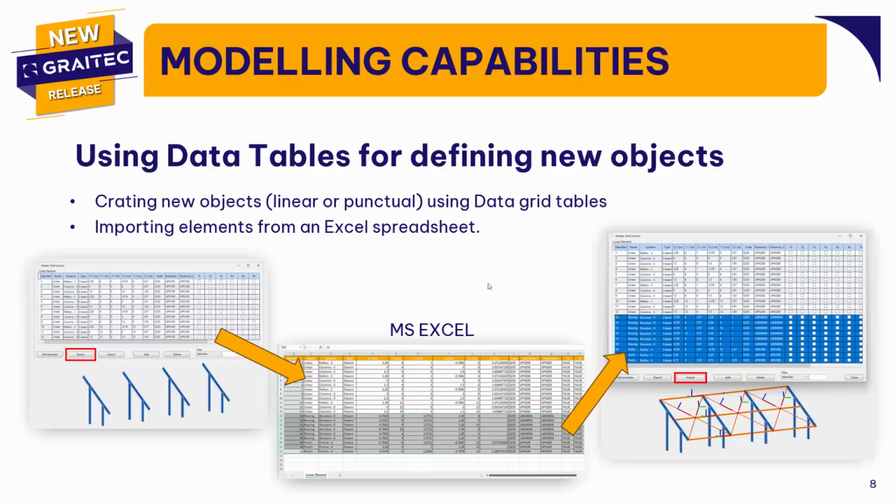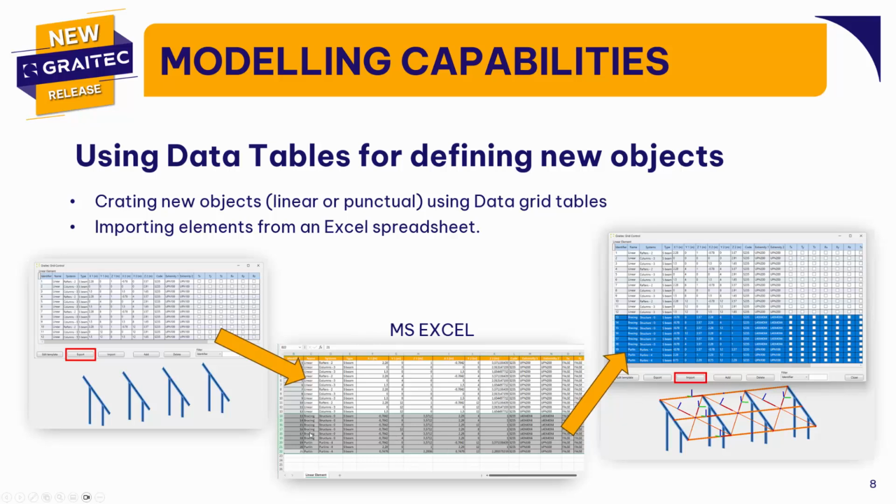We had the data tables before in Advanced Design, so you were able to export all of your elements, etc., to Excel. But now the new tool that we have added is that you can also create new objects using the data table. So for example, here I have an example. I have all of my elements in Excel.